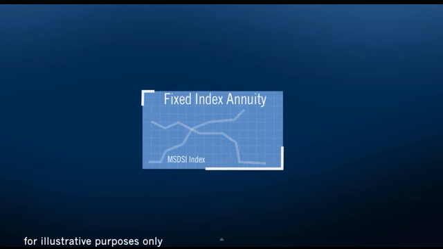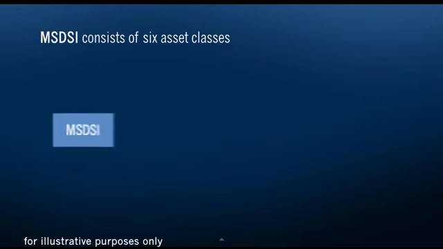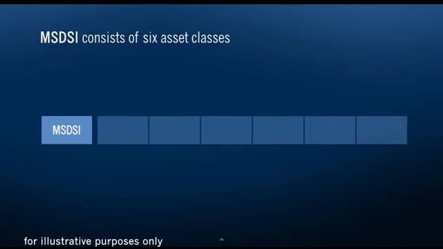One of the interest crediting strategies that we are offering is linked to the Morgan Stanley Diversified Select Index, or MSDSI. This index, as the name implies, is diversified across several asset classes and uses a predefined set of rules to select varying allocations to these asset classes. MSDSI consists of 6 asset classes, such as equities, bonds, commodities, foreign exchange, real estate, and cash.